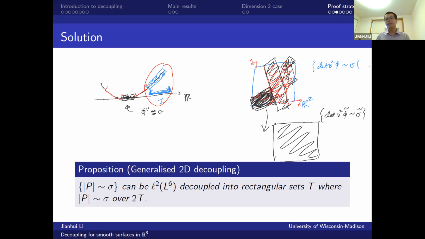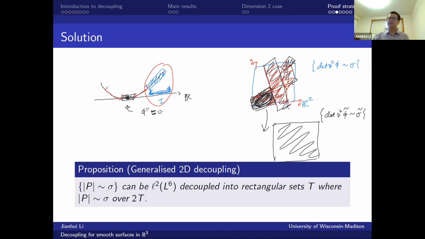So we reduce to the case where the Hessian determinant is roughly a constant over the entire unit square. And we can use iterative decoupling so that it suffices to decouple each of these small rectangles, enlarge it, and make it the whole rectangle. So we only reduce to the case where the Hessian determinant is roughly sigma. Okay, so this is how we do the first steps.